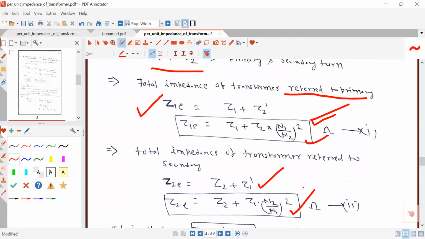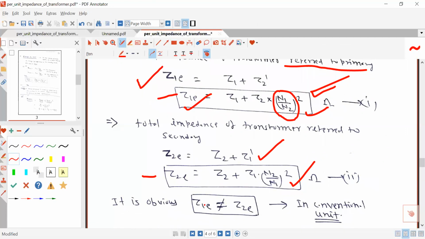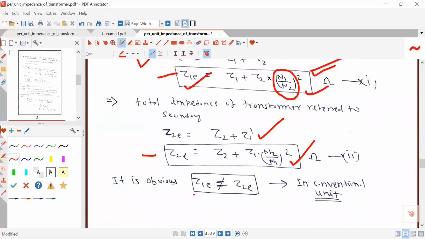It is the total impedance of the transformer referred to the secondary, and you can see here both Z1E and Z2E are dependent on the turn ratio. Without the knowledge of the turn ratio, you cannot determine total transformer impedance. But this is in conventional unit. In conventional unit, in ohm, Z1E will not be equal to Z2E.